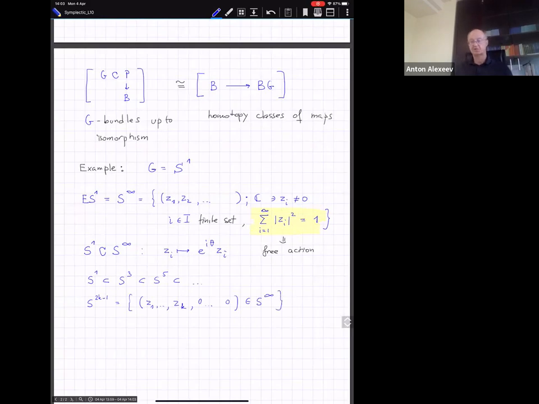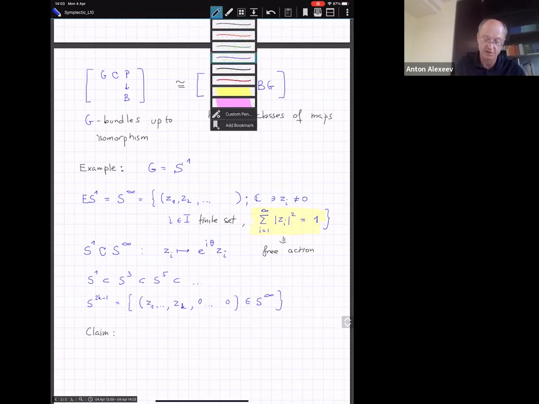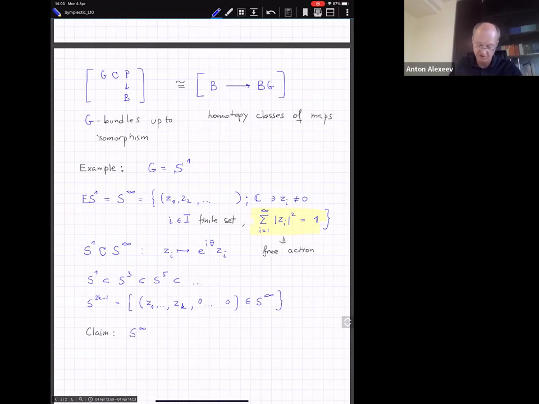This is a subspace which is just isomorphic to a finite dimensional unit sphere. So now the claim is that this S infinity is actually contractible.